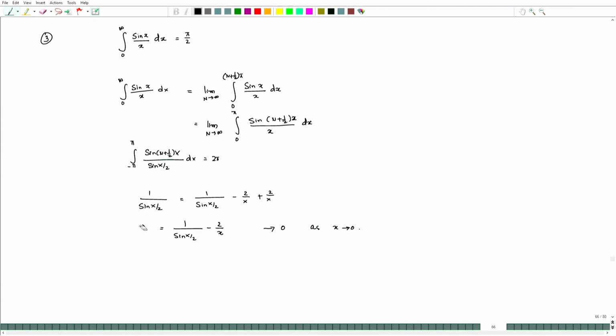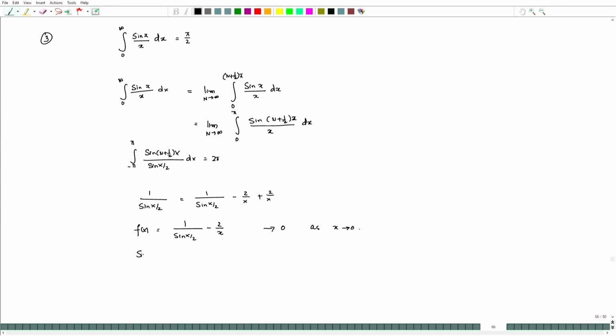In the last lecture, we were computing the integral from 0 to infinity of sin x by x dx, and towards that we defined f of x equal to 1 over sin x by 2 minus 2 by x. As we know, this goes to 0.